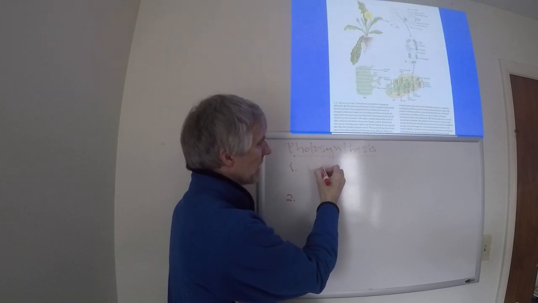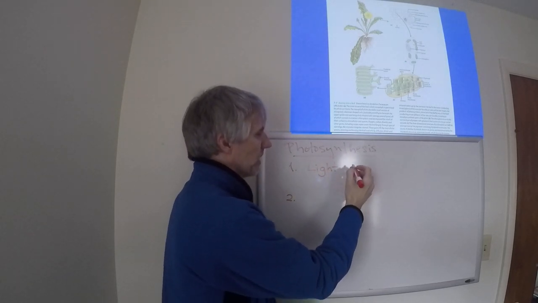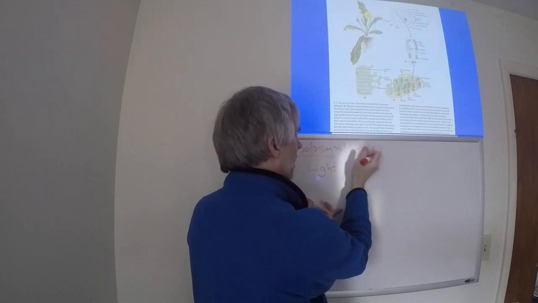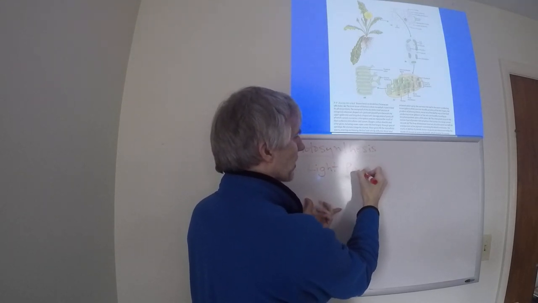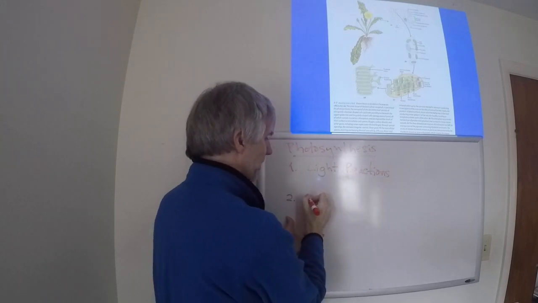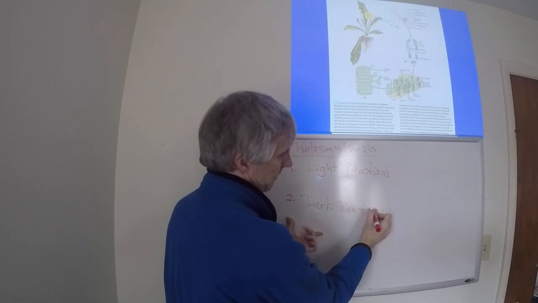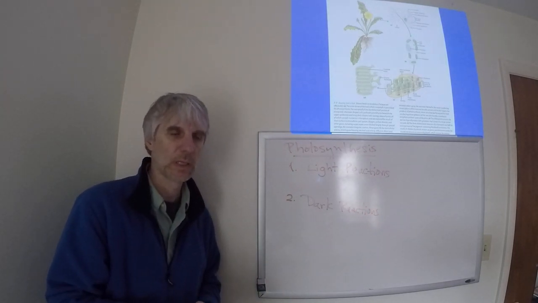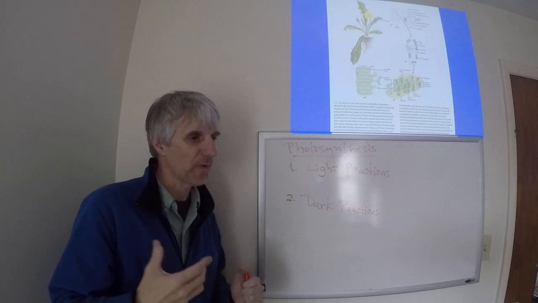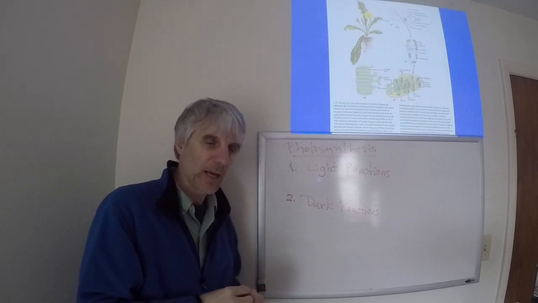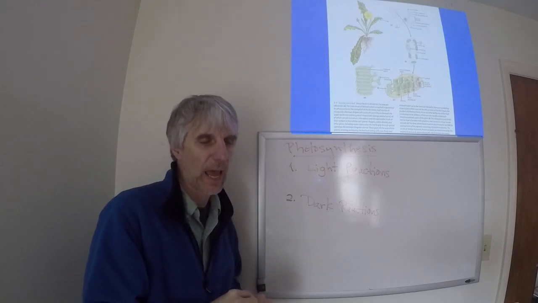Initially the first two chapters of photosynthesis were called the light reactions and the dark reactions. Okay, very simple. And that was because of how Calvin, the biochemist, worked out these reactions.